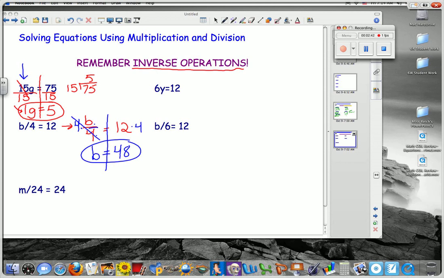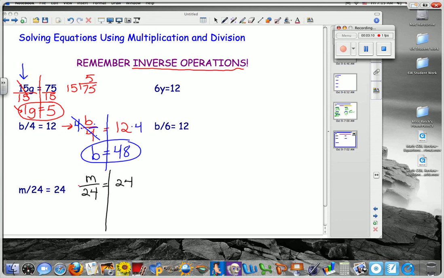Alright, the next one over here, and again I'm going to rewrite this because I don't like my fractions like this. So m over 24 equals 24. Draw my line down the middle there. What is being done to the variable that's keeping it from being by itself? Well, it's being divided by 24.